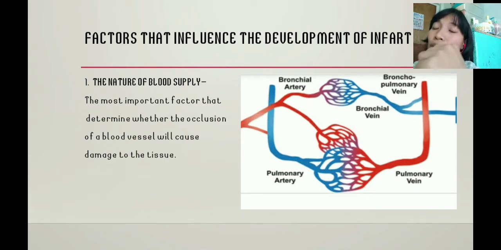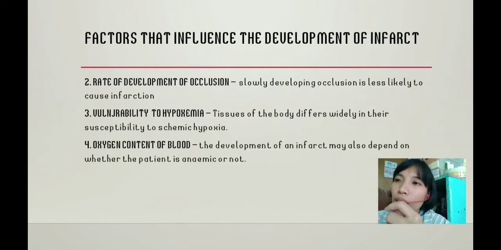On the other hand, some organs like kidney and spleen have only a single arterial blood supply. So occlusion of the major branch of the arterial supply is followed by ischemic necrosis. Okay, next we have rate of development of occlusion.